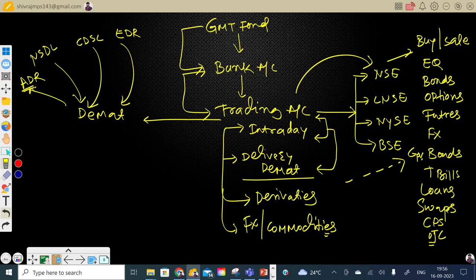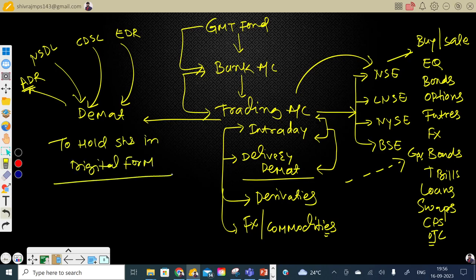To hold shares in digital form, that's where depositories come into the picture.